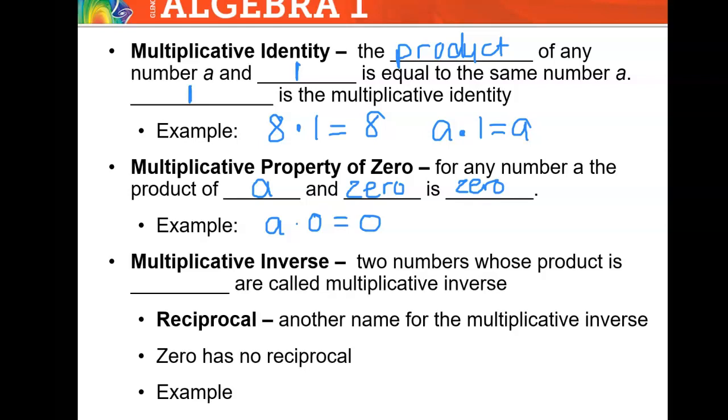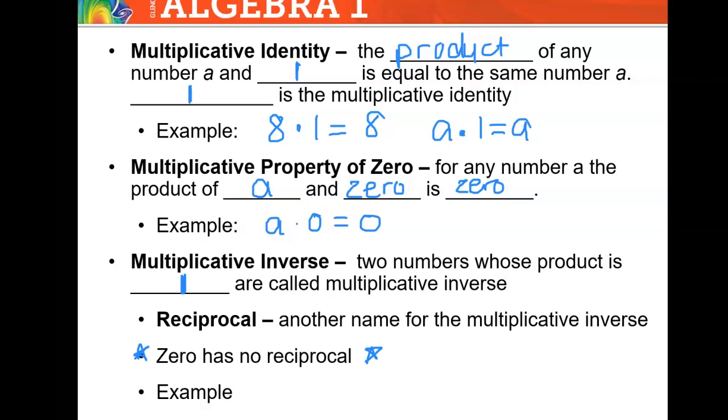The inverse says two numbers whose products are 1 are called multiplicative inverses. A reciprocal is another name for the multiplicative inverse. This is an interesting fact. 0 has no reciprocal.